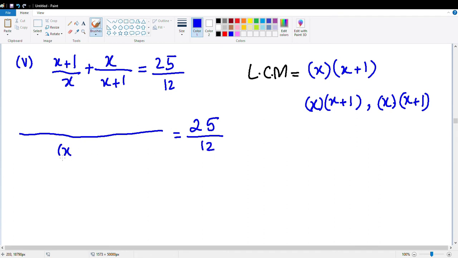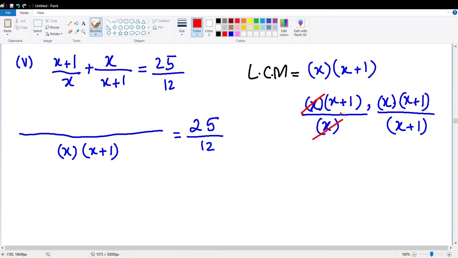Now we have x into x plus 1 as the LCM, as the denominator, and what's going to divide it over here and what's going to divide it over here. First, the first LCM is going to divide, then the second LCM, which is x plus 1. So when x divides, we get x plus 1, and when x plus 1 divides, we get x. So this is what's going to multiply with x plus 1, and this is what's going to multiply with x.